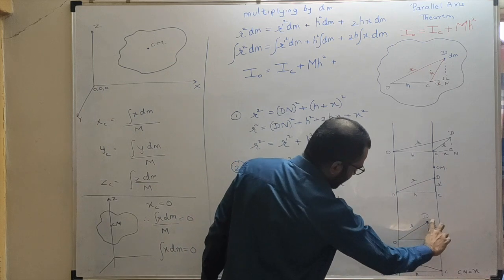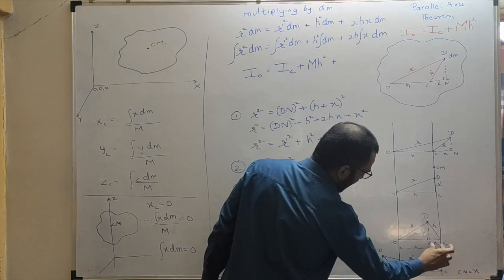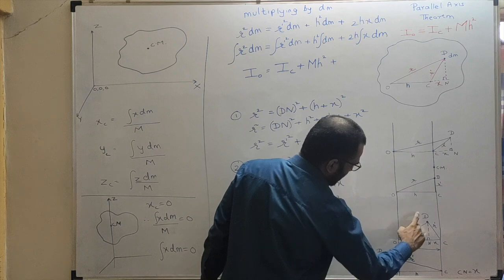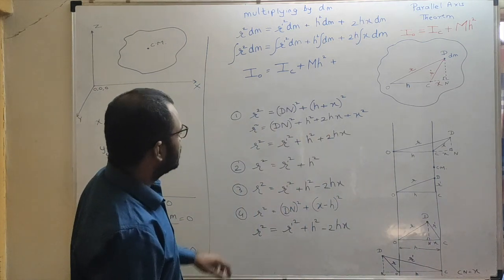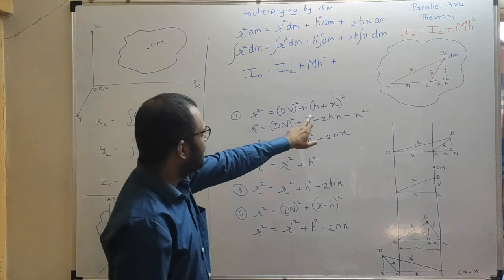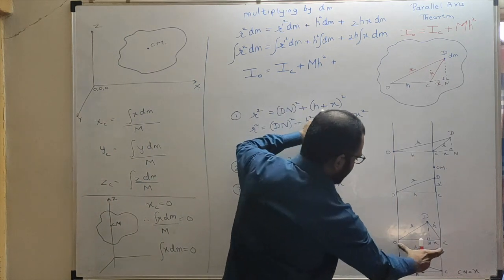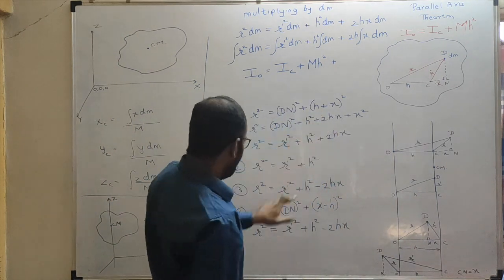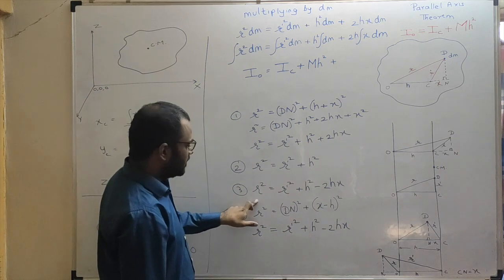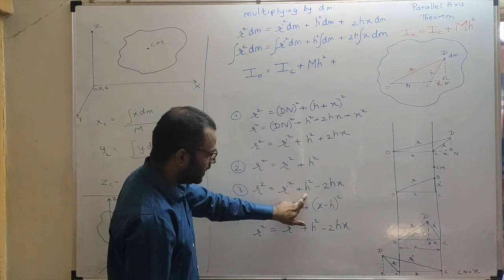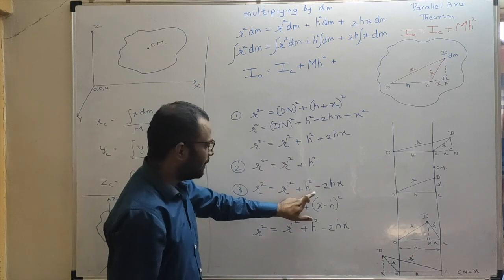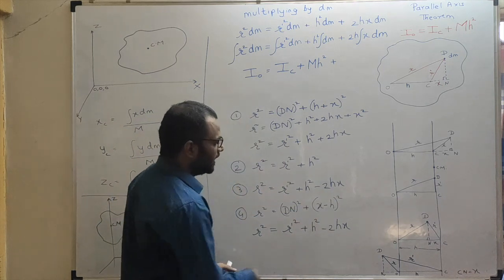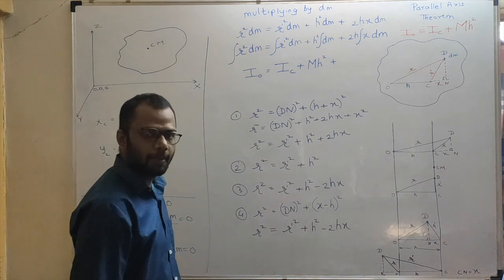R square is equal to dn square plus h minus x whole square, because r square is equal to dn square plus on square, right? So we make use of the same equation, but over here simply it will be h minus x. So we'll get this result: r square is equal to r dash square plus x square minus twice hx. Now we'll get a minus sign, minus twice hx.